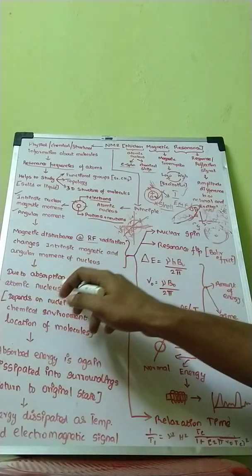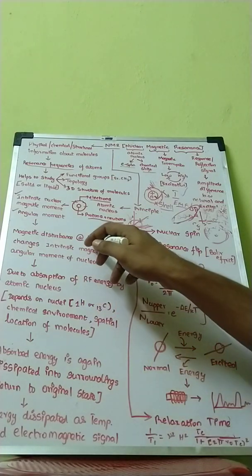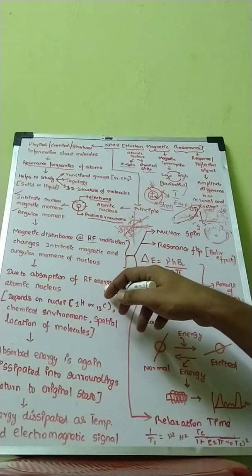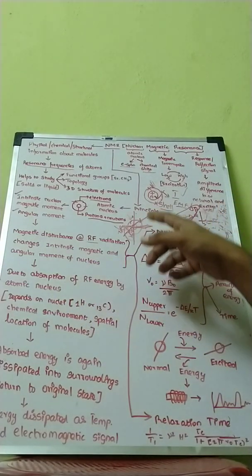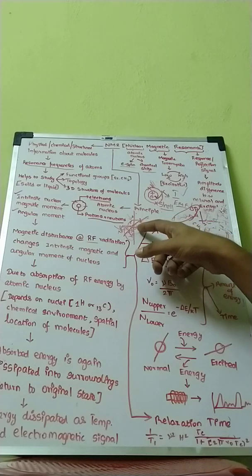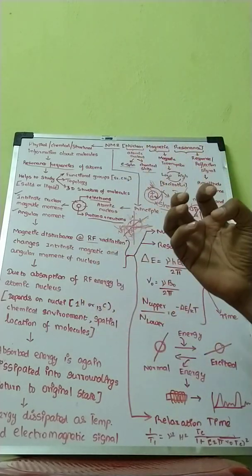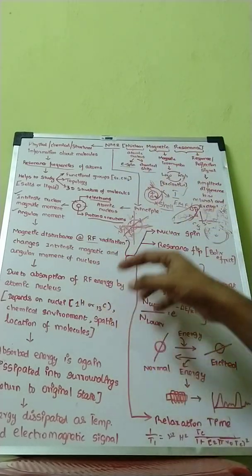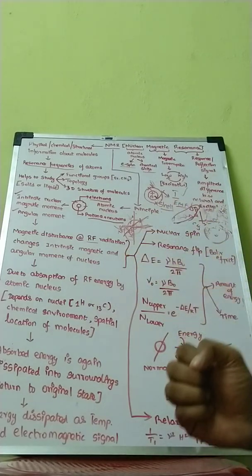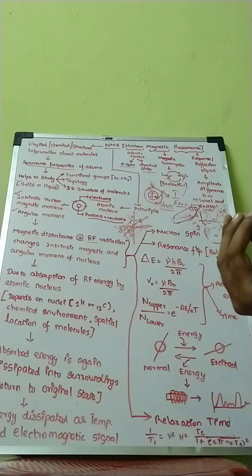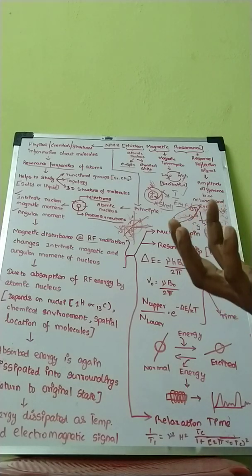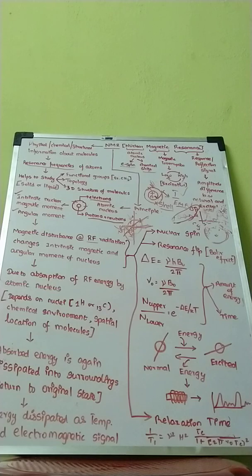Due to absorption of resonance frequency radiation by the atomic nucleus, which is dependent on the nature of the atom. If it is hydrogen, it may be absorbing one particular energy level. If it is carbon, it may be absorbing energy at another level, or due to the surrounding chemical environment. For example, if I am keeping the macromolecule studied using NMR in normal water, it may be absorbing energy in one particular condition.